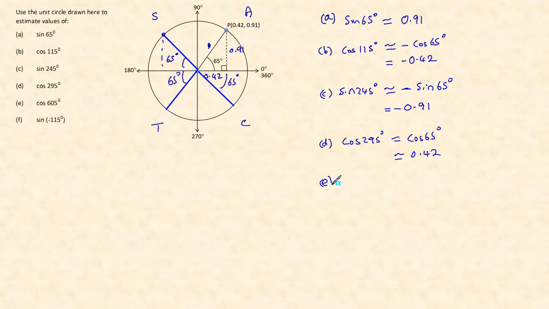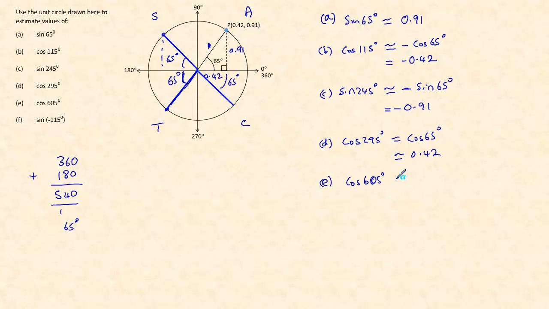Now in part E we have cos 605, so we need to think about where that is. So 360, and then if we added 180 to that, that would give us 540, and then another 65, so it's actually going to be down here, because we went round once, half of the time, and then we went another 65, so it's going to be here.